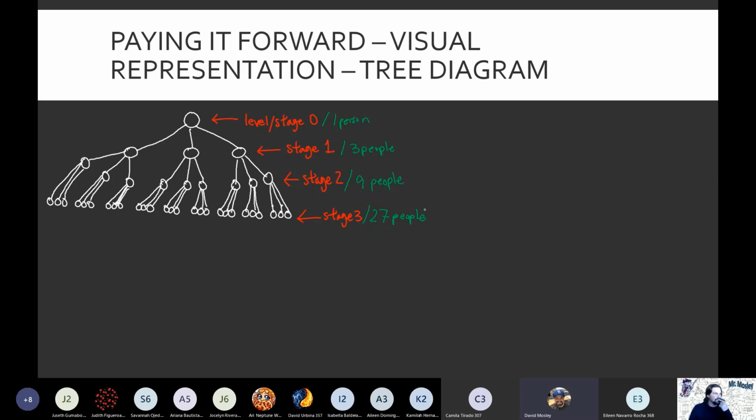So we have this picture here. This is our visual representation, which we can do with exponential growth to see how it's growing. It's another visual thing besides a graph that we can use. Does anyone have any questions about the tree diagram?